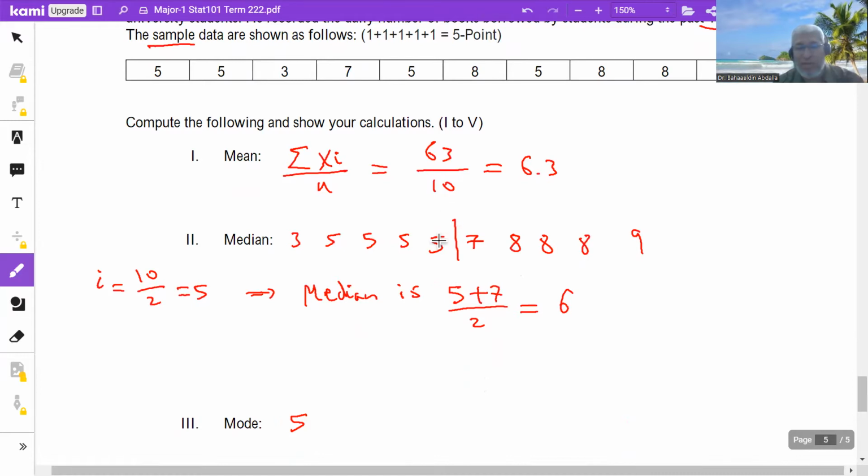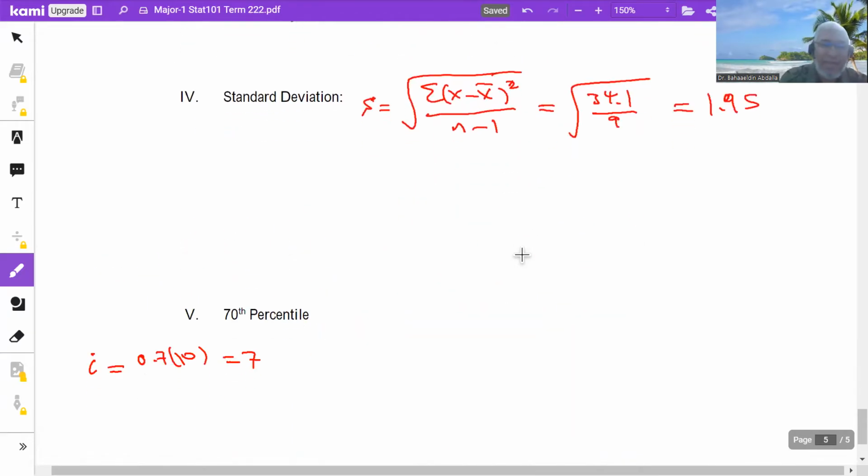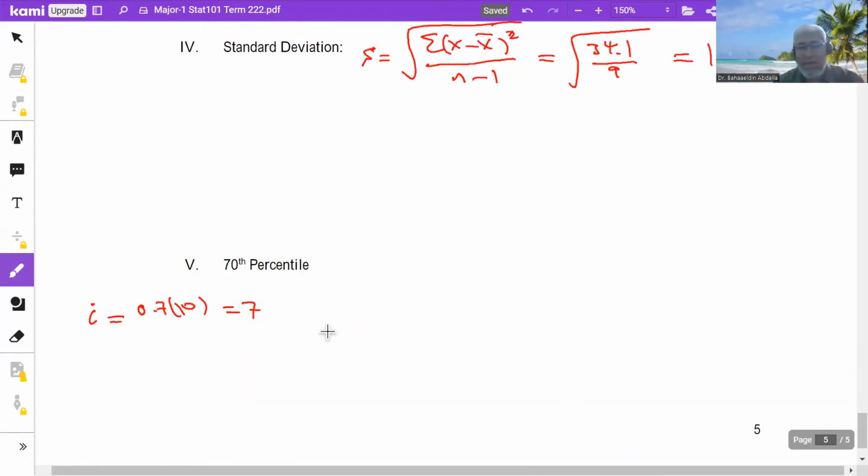So this is 5, the fifth position, 6, 7. So 7.5 would be this position between 8 and 8. And the number between 8 and 8, this is the 70th percentile, is just 8. If you want, you can add 8 plus 8 over 2, find it 8. Or you understand that 8 is between 8 and 8.